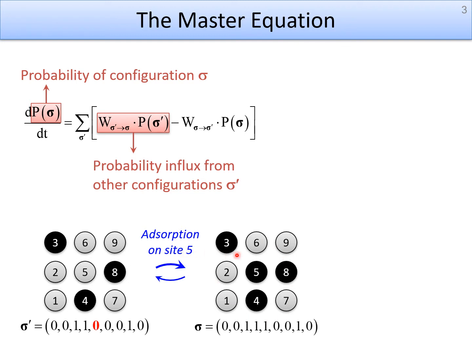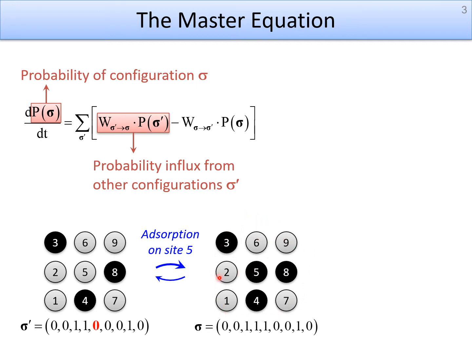Of course, in some cases, you may not have an elementary event that connects these two states. For example, if we had the completely empty lattice, the state sigma prime that corresponds to all zeros here wouldn't be connected with this state over there. It wouldn't really contribute to flux for this state.